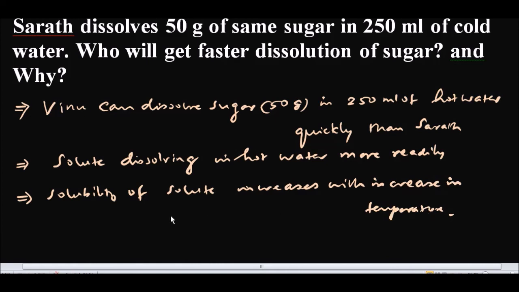So this is the main reason why Vinu is able to dissolve sugar in 250 ml of hot water. But Sarath is dissolving the same in 250 ml of cold water. That is a little bit slower. Okay.